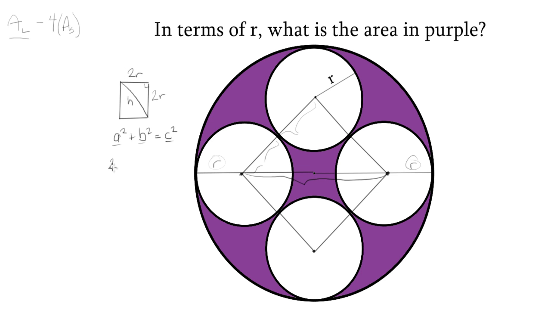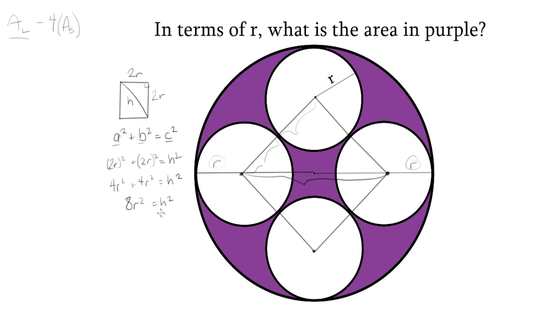So we need to square 2r and also square 2r, and that will equal our hypotenuse squared. Now this is 4r squared, this is 4r squared, and we arrive at 8r squared equals h squared.